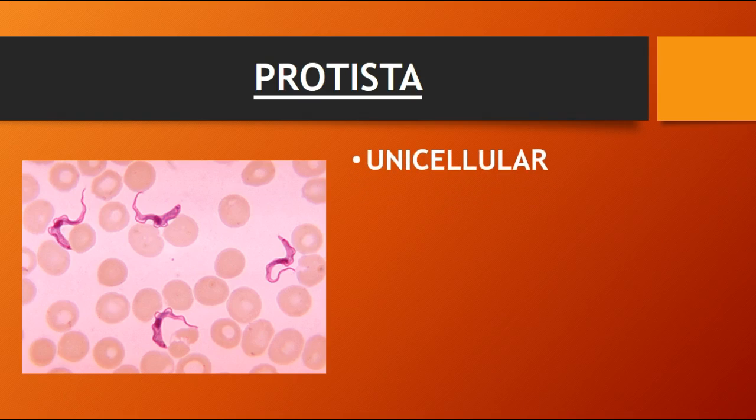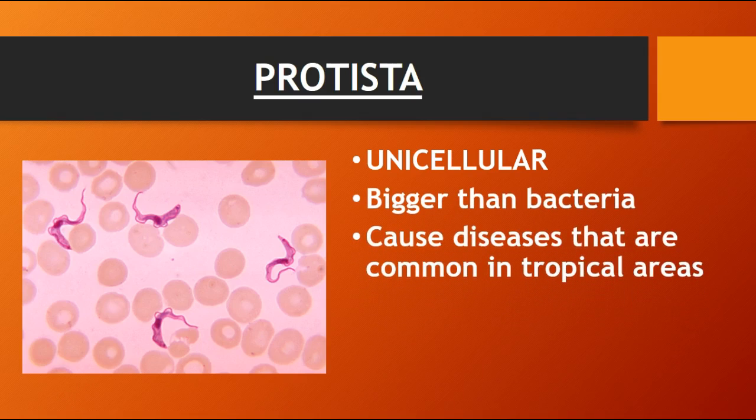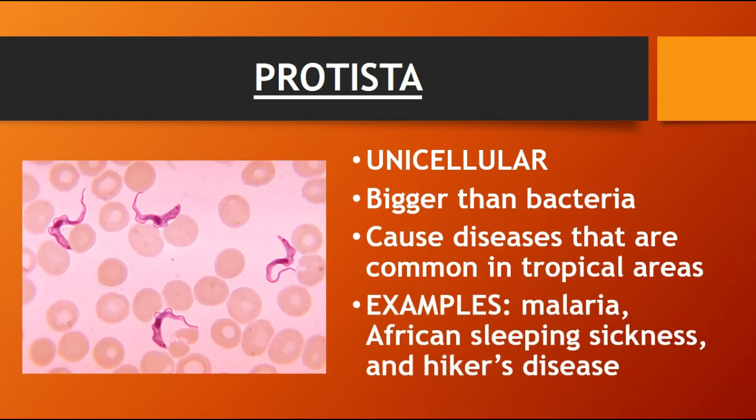And then we have the protists or protista. And they are also unicellular. They're made of only one cell, and they're bigger than bacteria. So we're kind of going in size here. Viruses were the smallest, and then there were bacteria, and now protists are a little bit bigger than bacteria.